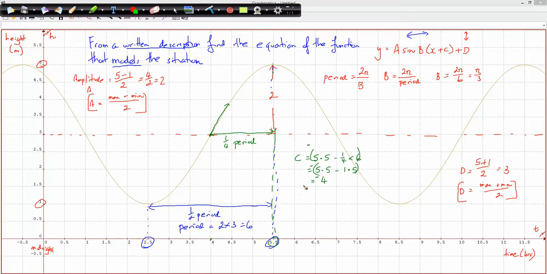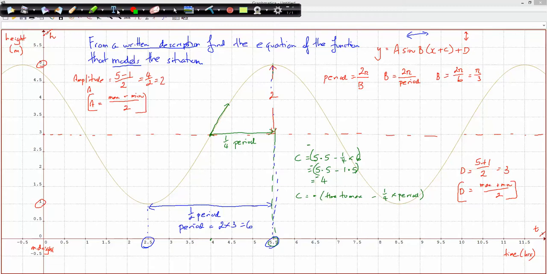So c is equal to the negative of the time to max minus a quarter times the period. That's a general way that you can remember what to do to get c.